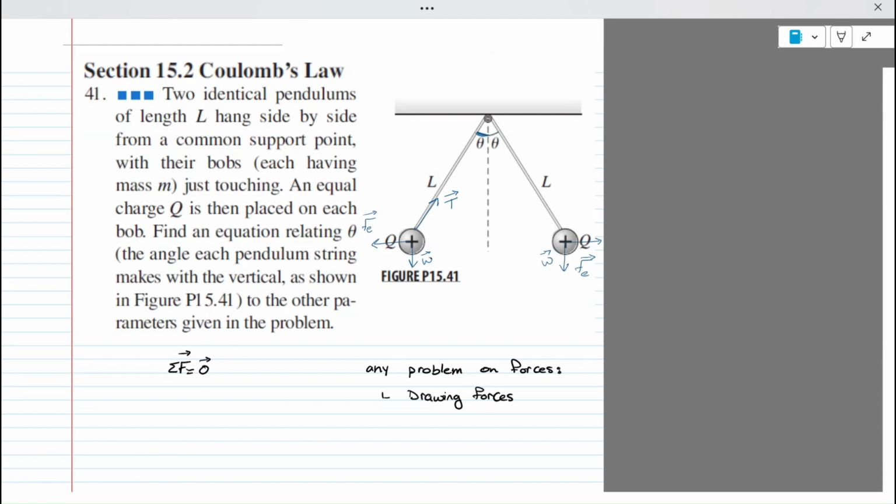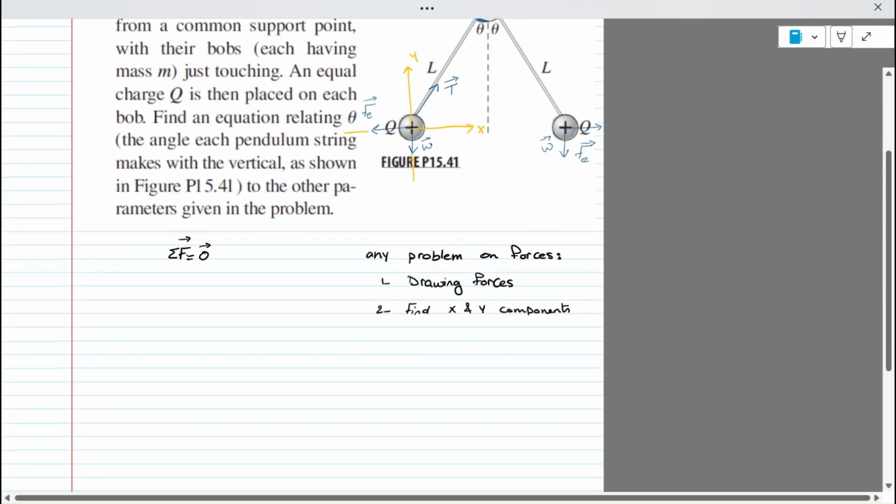Studying both bobs will give the same results, so I'm just going to address the left pendulum. Our second step is to find the x and y components of each of the forces. I will start by drawing my x and y axes, and then finding the components of each of the forces.